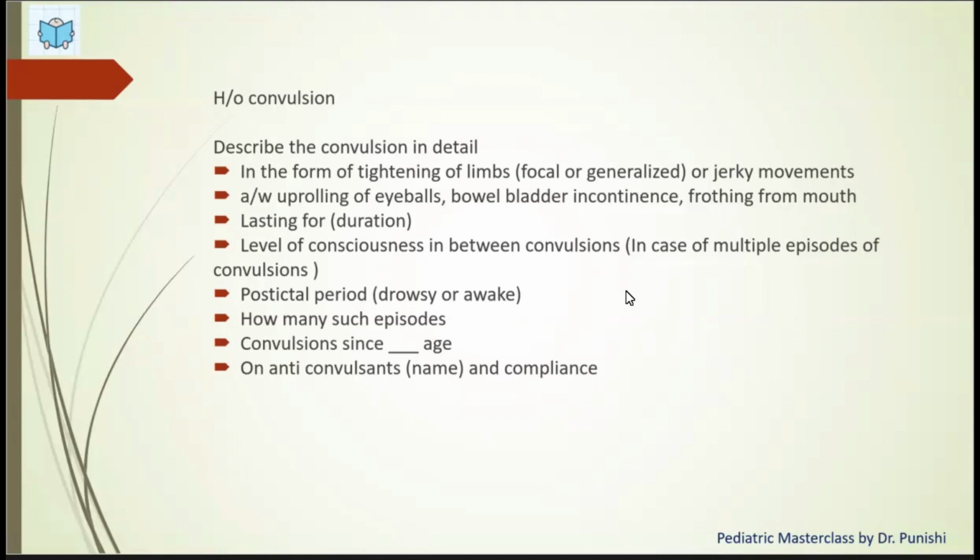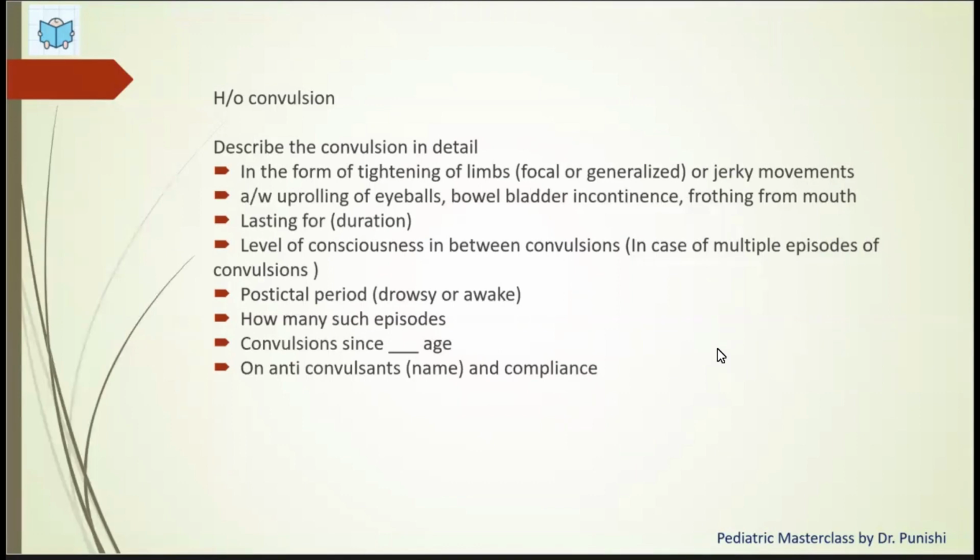So whenever you take any drug history, whether it's an anti-epileptic, an antihypertensive, a steroid, or anti-failure medications for a heart disease, it's always very important to ask about the compliance of the drug. So here you'll ask whether the child is taking any anticonvulsants, and if yes, is the child compliant with those medications? That's how you describe your chief complaint of convulsions in detail.